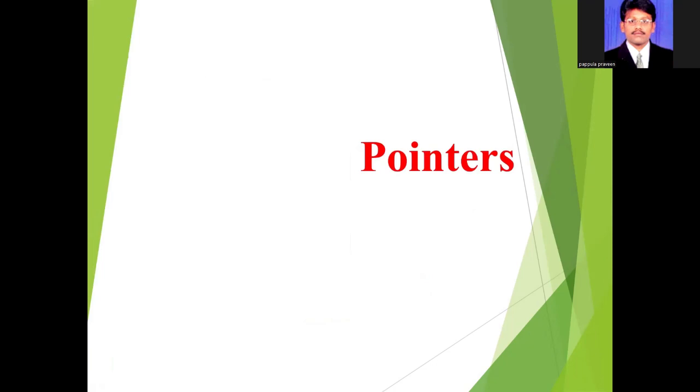I think everyone knows the definition of a pointer. A pointer is a variable which stores the address of another variable. When you declare a variable, you specify the data type, space, variable name. If you have more than one variable, variable 1, variable 2, up to variable m.